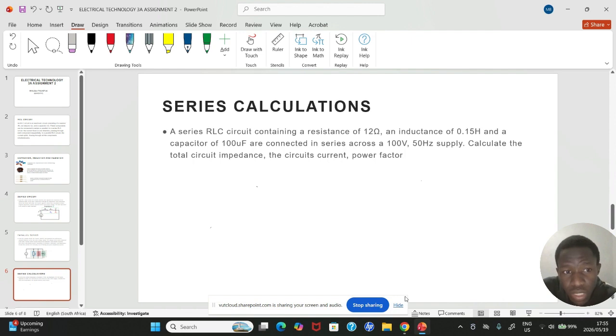The question says calculate the total circuit impedance, the current of the circuit, and the power factor.